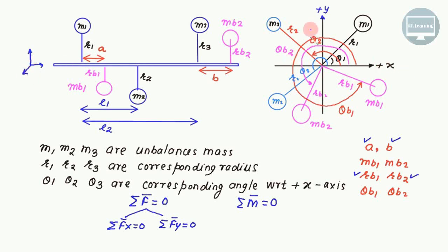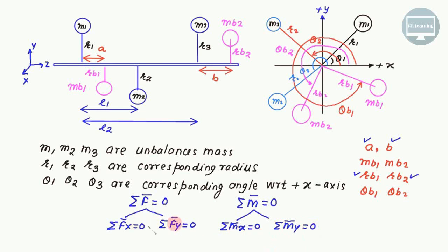If you look from here, this one is z, this one is y, and this one is x. Correct? And I can take moments about the x axis, so summation of moment about x equals 0, summation of moment about y equals 0.